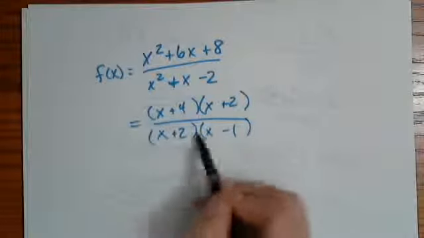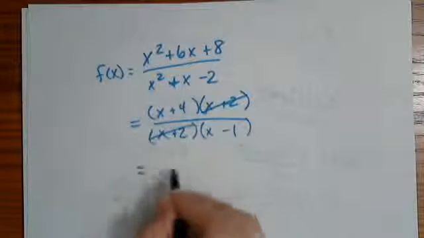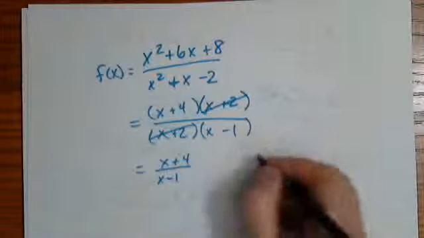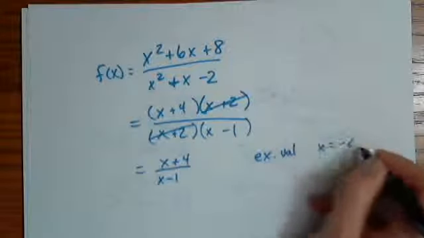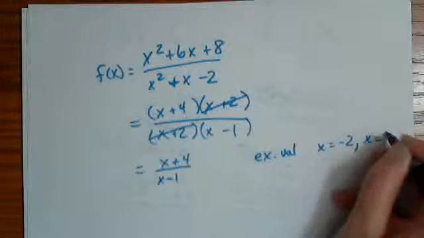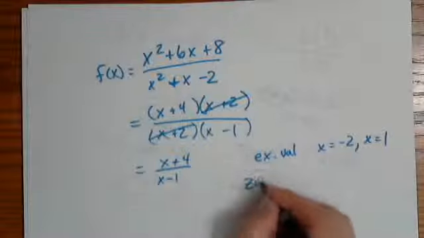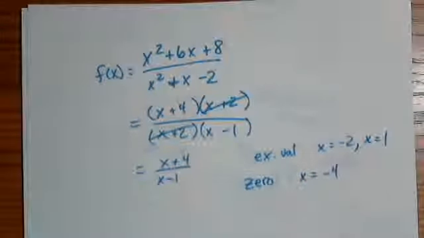This group is the same as that group. Those cancel, and we're left with x plus 4 over x minus 1. Our excluded values are x equals -2 and x equals 1. And our zero is when x is equal to -4.